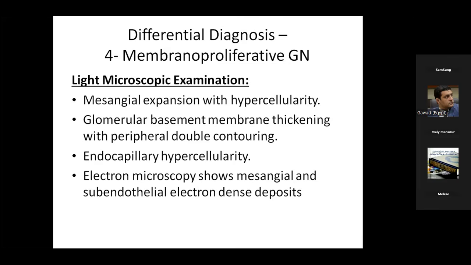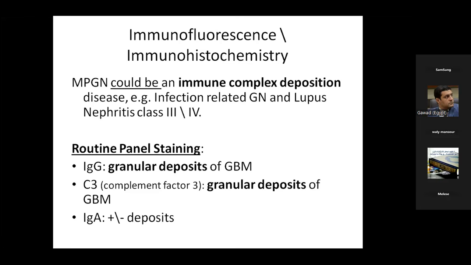It's not just a thickening secondary to deposition of glomerular basement membrane material, but it is double contouring, and we will discuss why the glomeruli will show double contours. Of course, with endocapillary hypercellularity, and electron microscope will show deposits, subendothelial or mesangial, and could even be subepithelial.